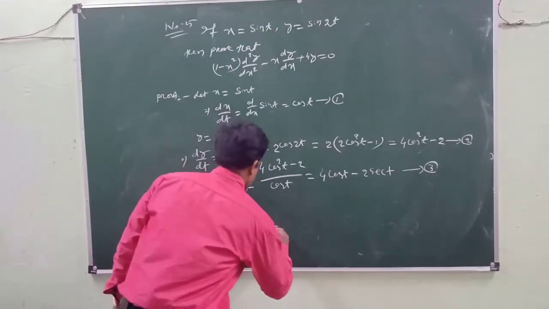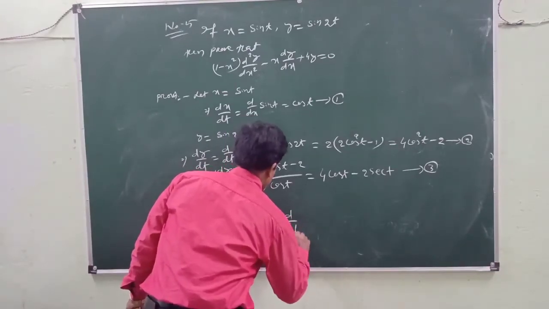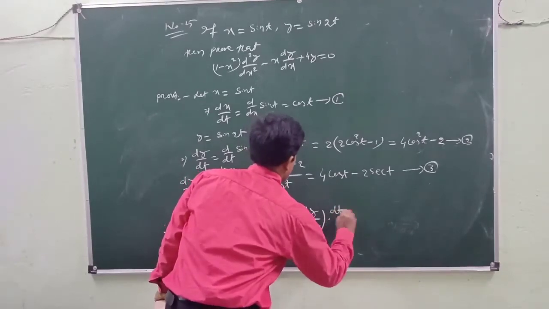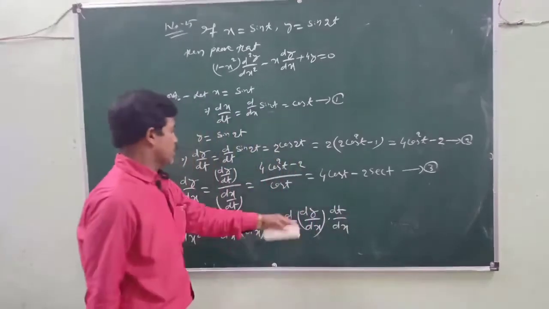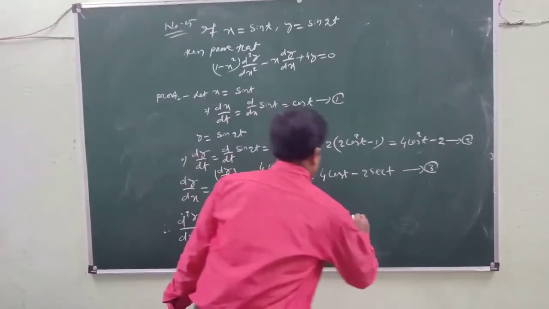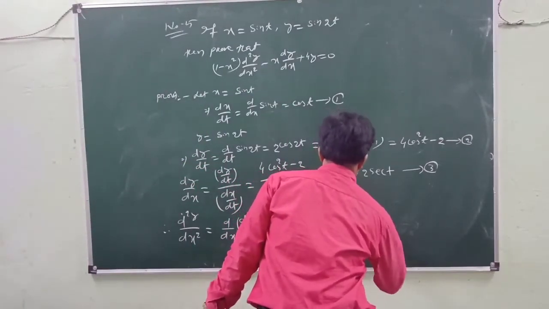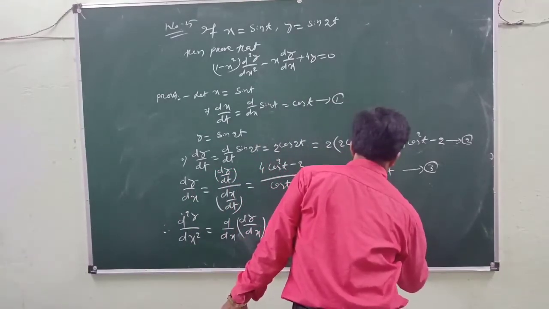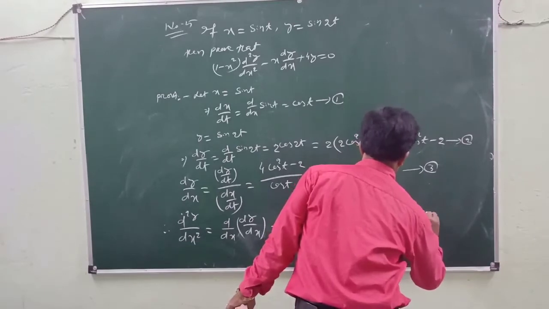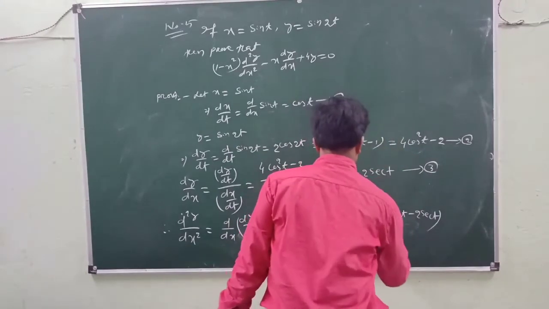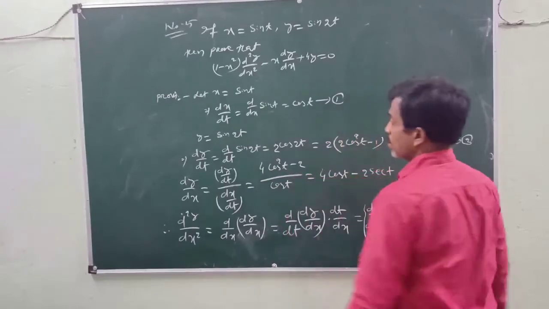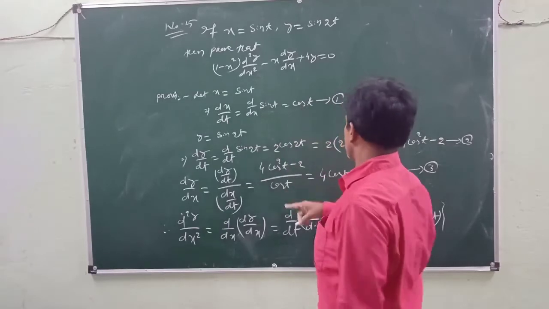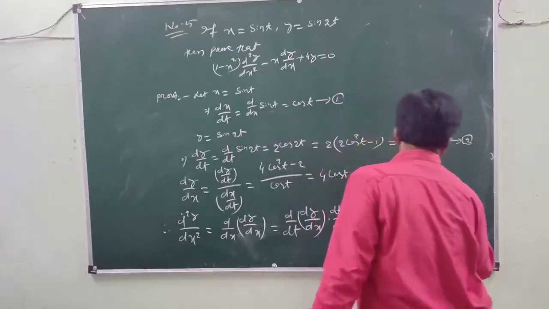So it will be same as d by dt of dy by dx into dt by dx, that is the same rule. So that equal to d by dt of dy by dx, 4 cos t minus 2 sec t. Next, the value of dt by dx. Now look, the value of dx by dt is equal to cos t. So the value of dt by dx will be 1 by cos t.